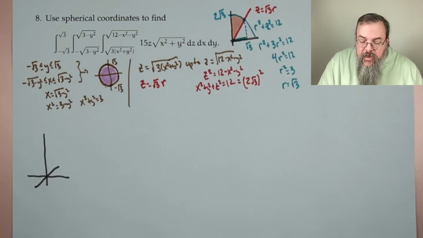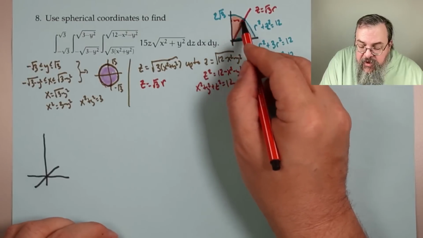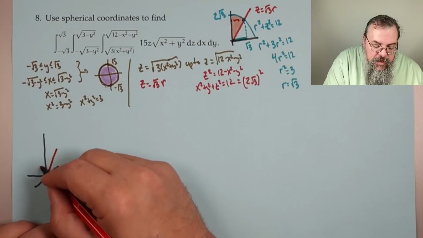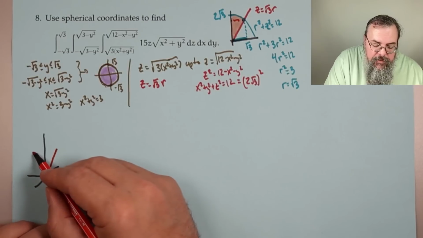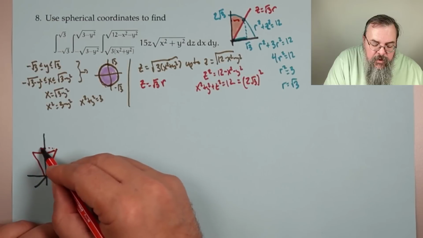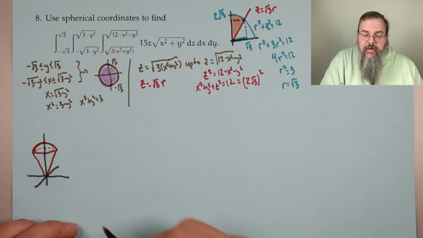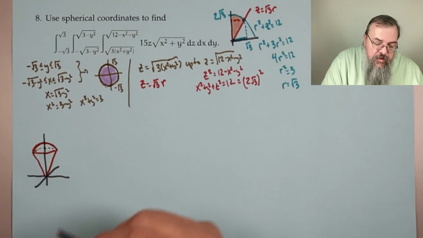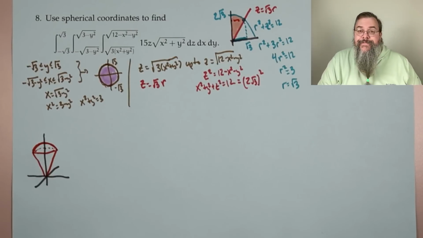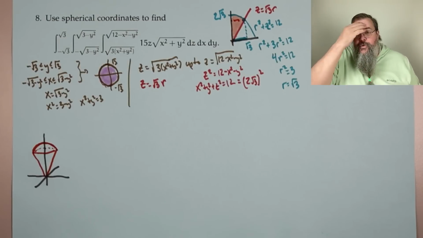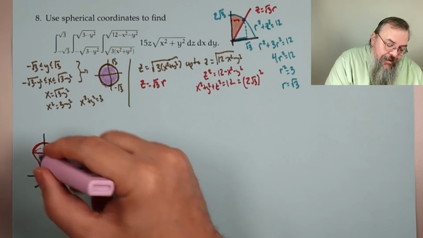And that's essentially, the cone is this triangle piece here. So we have a cone coming up. And then at the top of the cone, we have a piece of a sphere. Not much of it, but a piece of it. And so this is our region. It's a cone with a sphere on top. All right. Whew. Okay. Good.